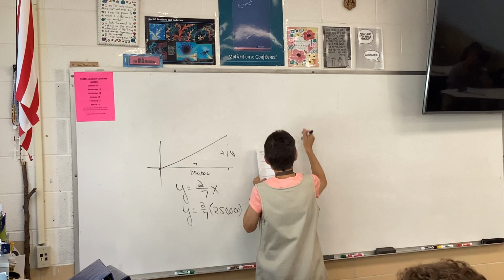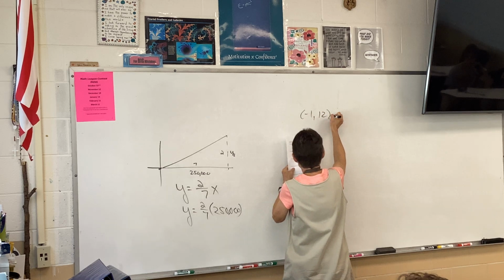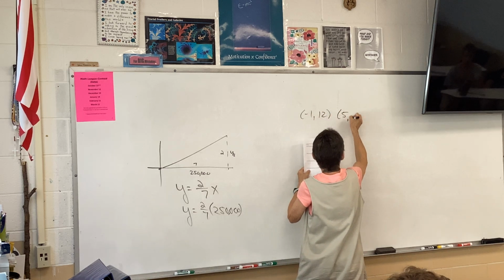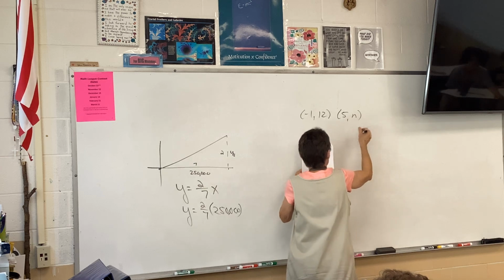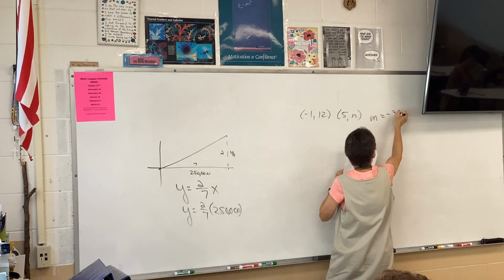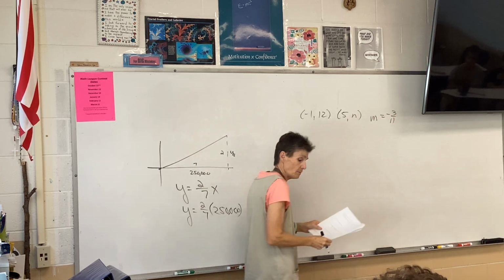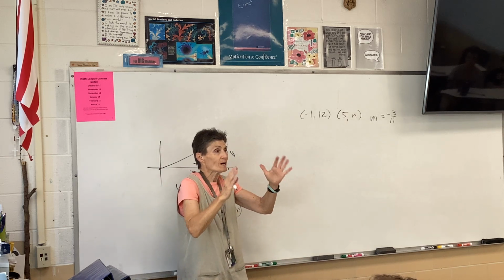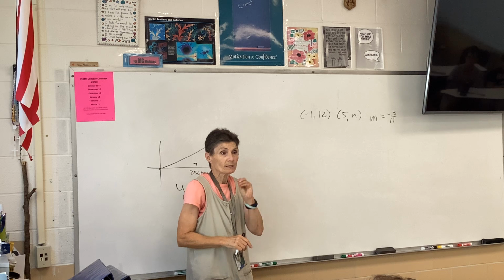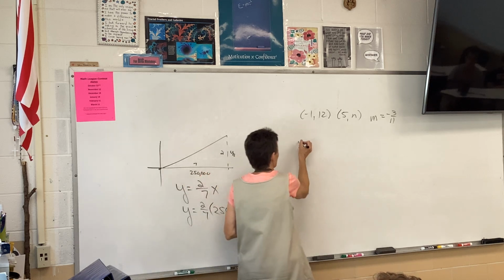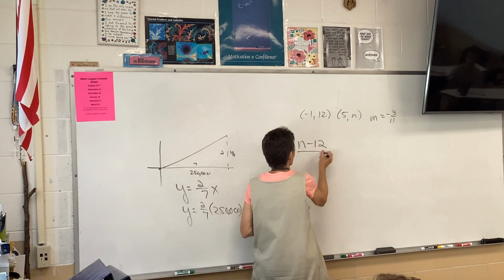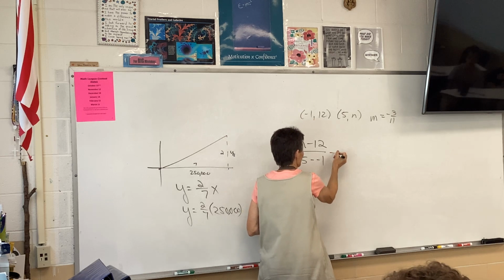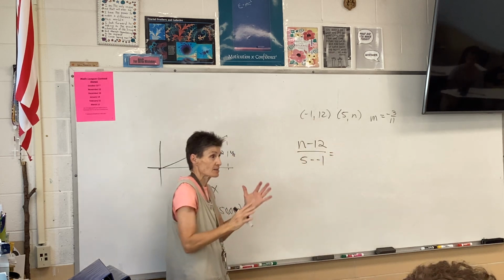All right, so we got -1, 12 and 5, n. And the slope is -3/11. Okay, I don't know, this bothers us for some reason. How do we find slope? How do you calculate slope? n minus 12 over 5 minus -1. Would everybody agree with that? That's slope.